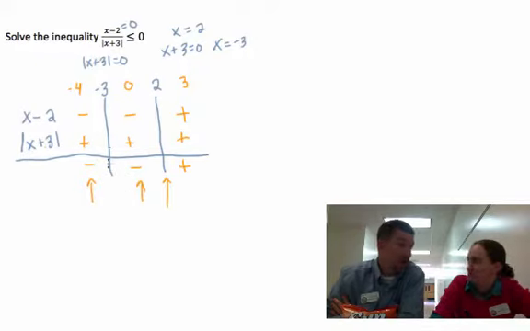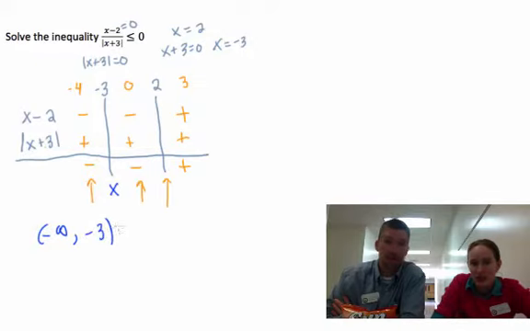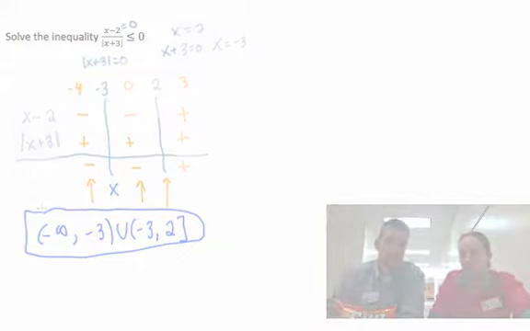We're not, because we're undefined at that point, because it's the bottom of the fraction. You've got to really pay attention to that or that'll be an oops that you'll make. So we go from -infinity to -3, but we don't include -3. And then we go from -3 to 2, but we do include 2 because it's 0. That is correct. There you have it.